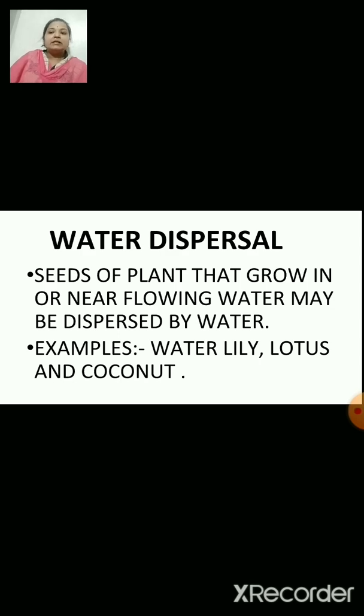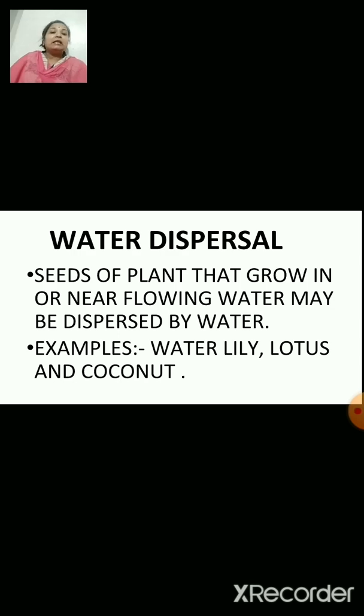The seeds dispersed by water are light and have the ability to float. Of course, because if they sink in the water, they won't be carried away to distant places. For example, the coconut seed is light, and it has air trapped in between the husk.